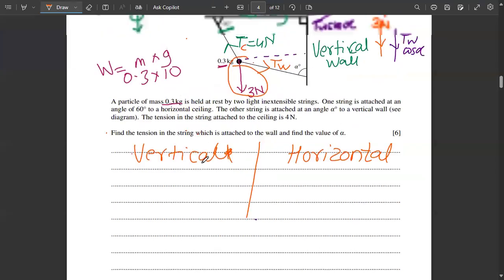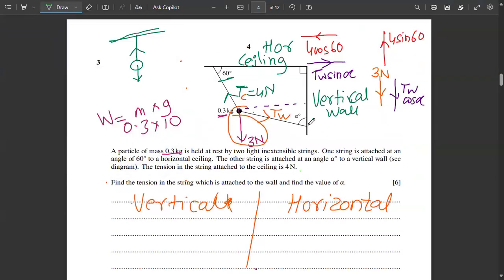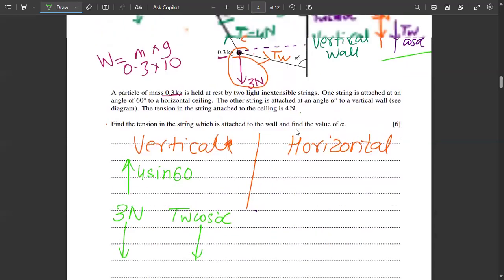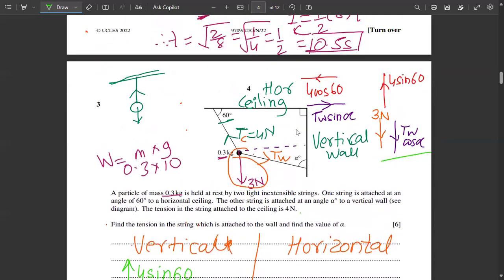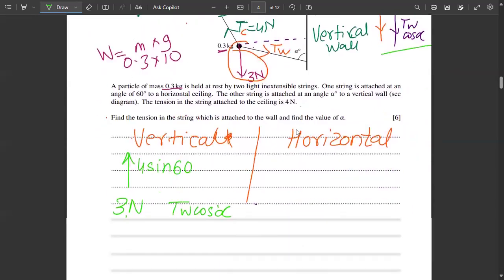Upwards was 4 sine 60 and two downwards were 3 Newton and TW cos alpha. And what about the horizontal forces? There were two, 4 cos 60 and TW sine alpha.